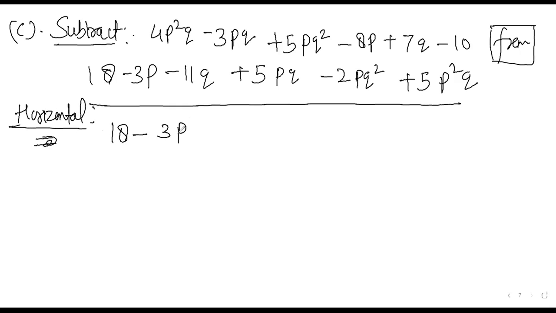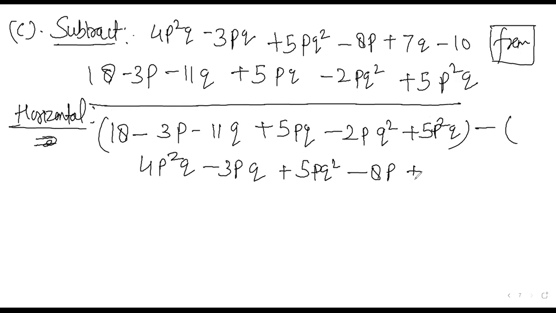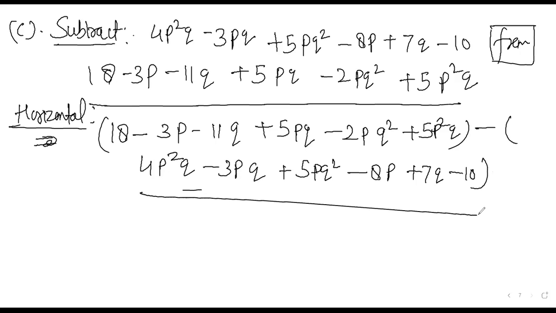18 minus 3p minus 11q plus 5pq minus 2pq square plus 5p square q, then a bracket sign minus, again a bracket. Write down the first polynomial, 4p square q minus 3pq with their signs, plus 5pq square minus 8p plus 7q minus 10. Now the signs inside this bracket will be changed.